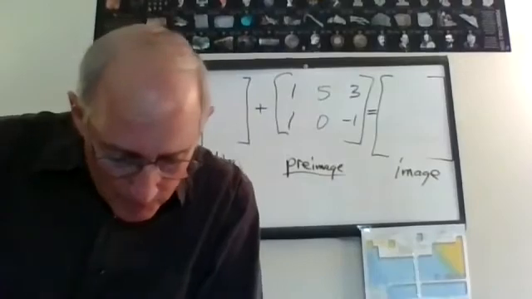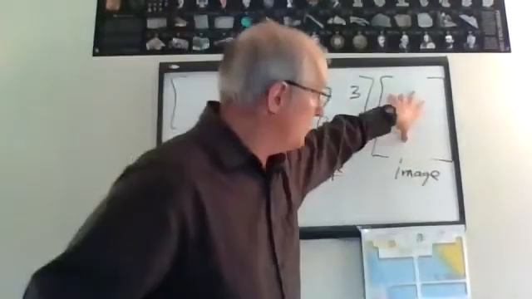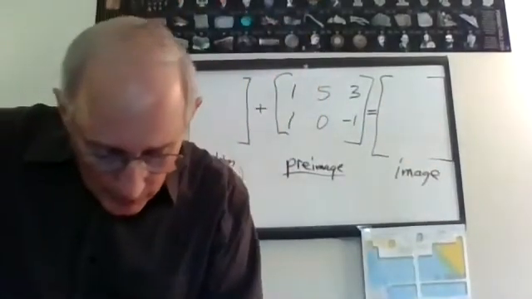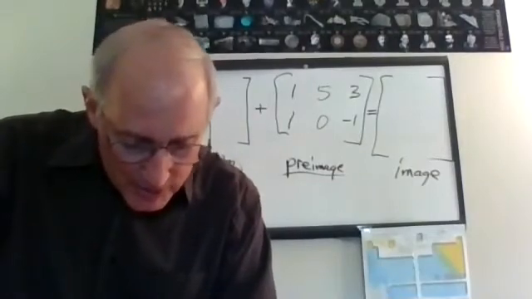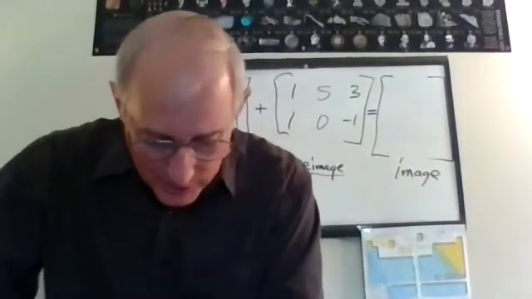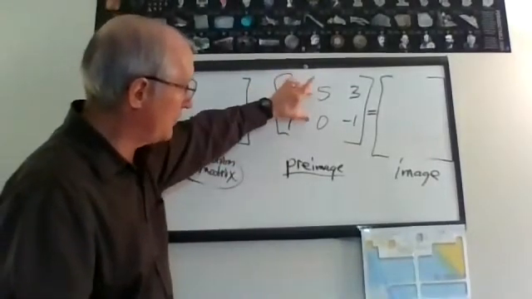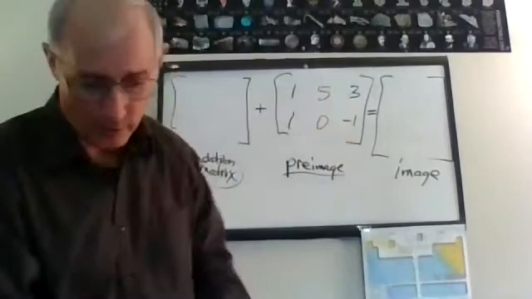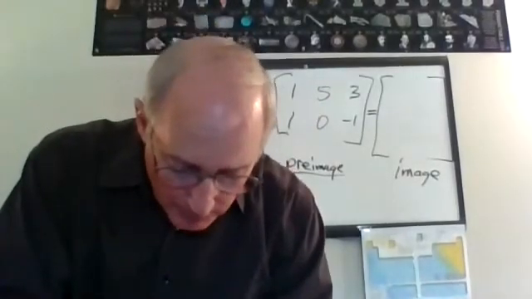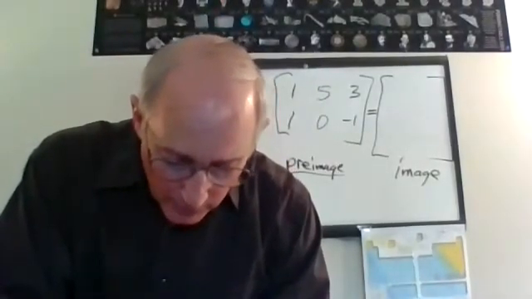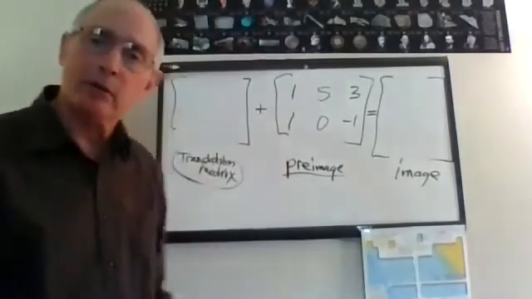It says, find the image matrix, this one over here, that represents the translation of triangle ABC. That would be this matrix right here. A is 1, 1, B is 5, 0, C is 3, -1. 1 unit left and 3 units up.